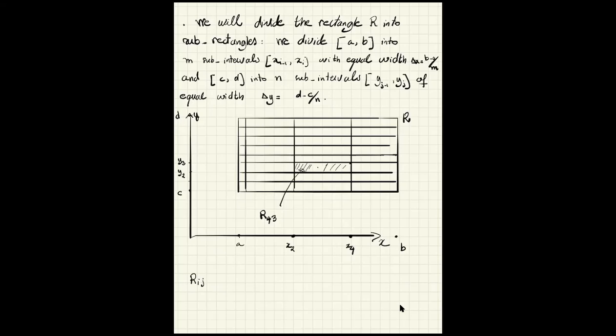Okay, so these rectangles look like this: [x_{i-1}, x_i] times [y_{j-1}, y_j].